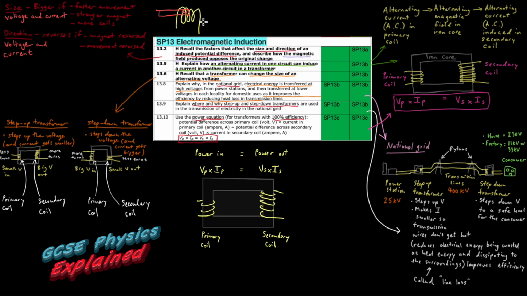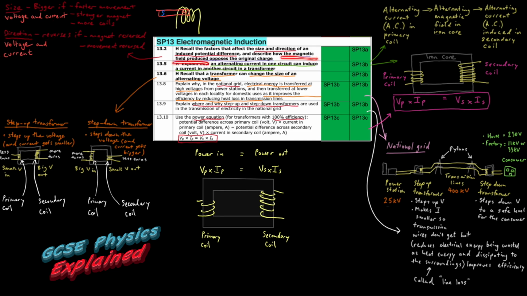There's your north and there's your south. Now if you push the magnet in, you might get a positive voltage and a positive current. And if you reverse the magnet, so if you pull the magnet out, you're gonna get a negative voltage and current.